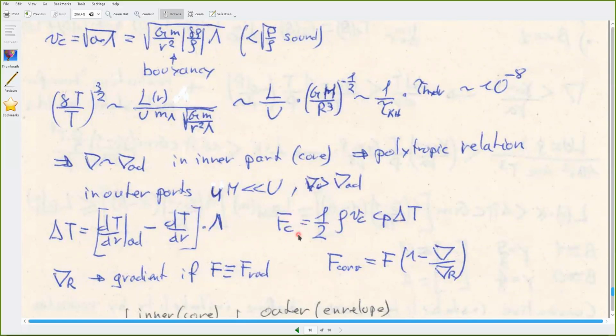And the flux for the convection has a factor 1/2, because half of the cells go up and half go down. The density multiplied by the velocity, the heat capacity at constant pressure, multiplied by the temperature difference, that is this one.